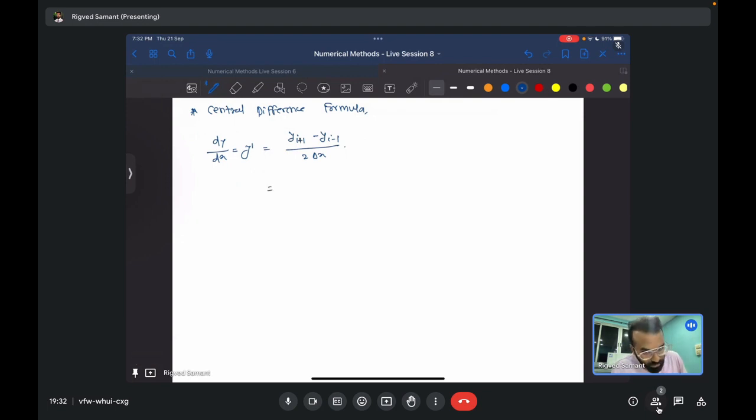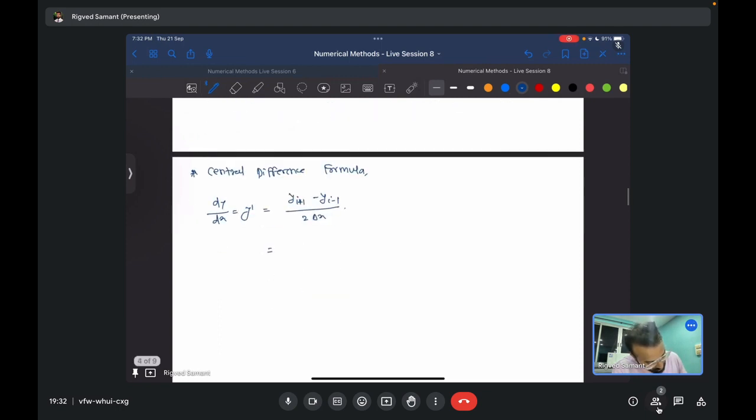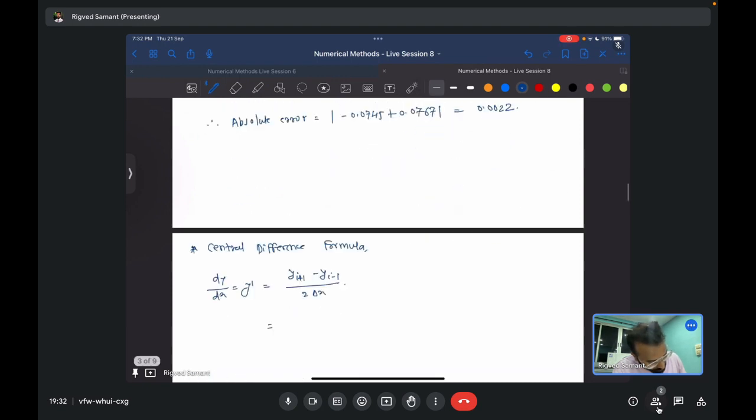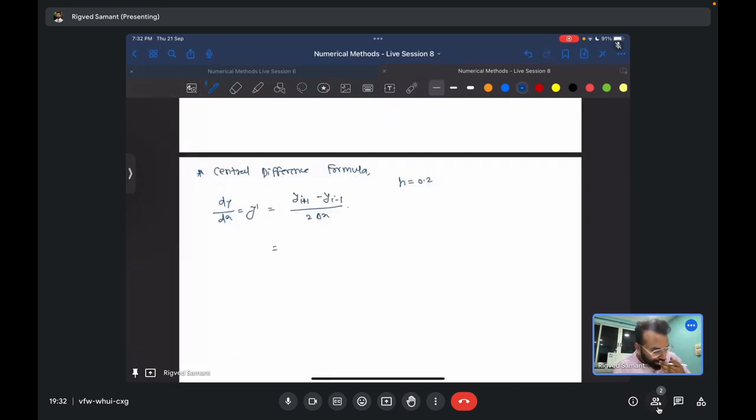So we know how to calculate y at i plus 1. Now h is equal to 0.2, right? So i plus 1 means x is equal to 1.6 plus 0.2, that is 1.8, that is x at i plus 1.